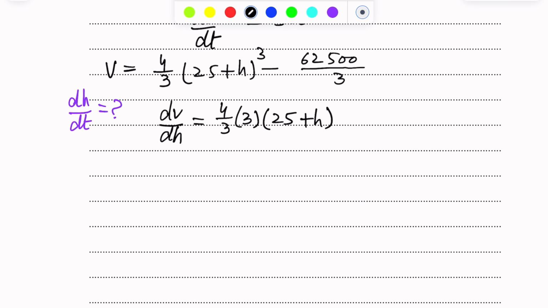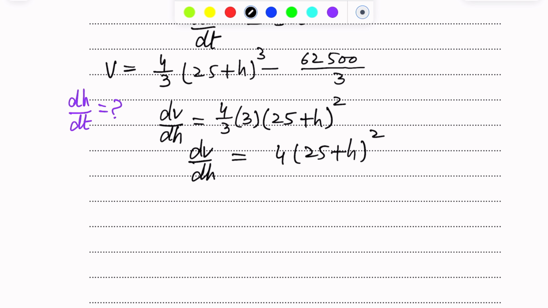25 plus h whole, power 3 minus 1, that is 2, since in differentiation the power is decreased by 1. The differentiation of 62500 over 3 will be 0 because it is a constant. So after cancellation, we get dV over dh is 4 into (25 plus h) whole square.